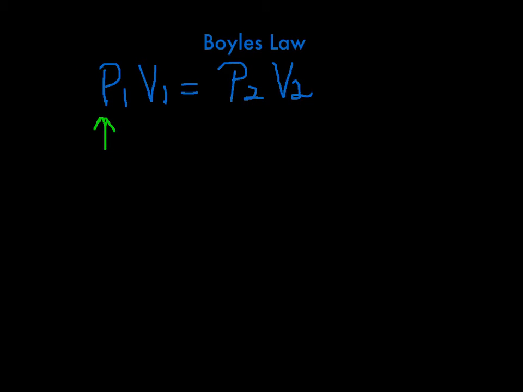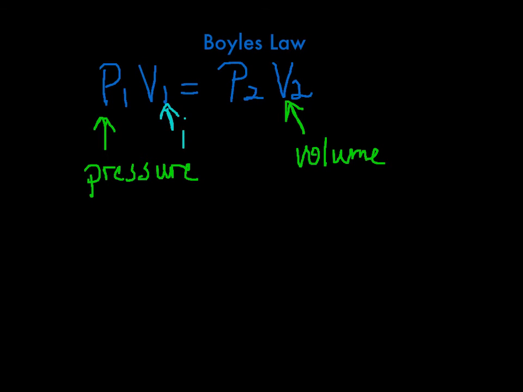P represents pressure, and V represents volume. 1 represents initial, or the beginning pressure or volume, and 2 represents final, I can't spell, final pressure or volume.